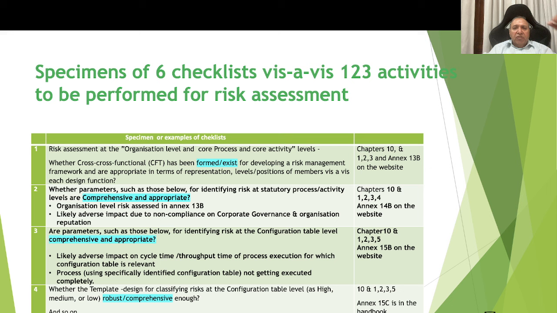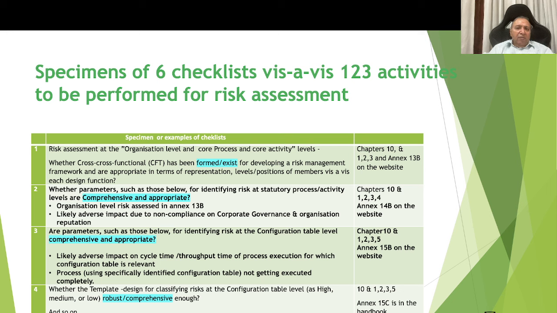Next is a specimen of the 6 checklists vis-a-vis 123 activities which are to be performed for the risk assessment. The risk assessment is to be done, as you know, for organization level, for statutory activities, for the core activities, for the configuration tables, for the master data tables, etc., and hence the number of activities is 123.